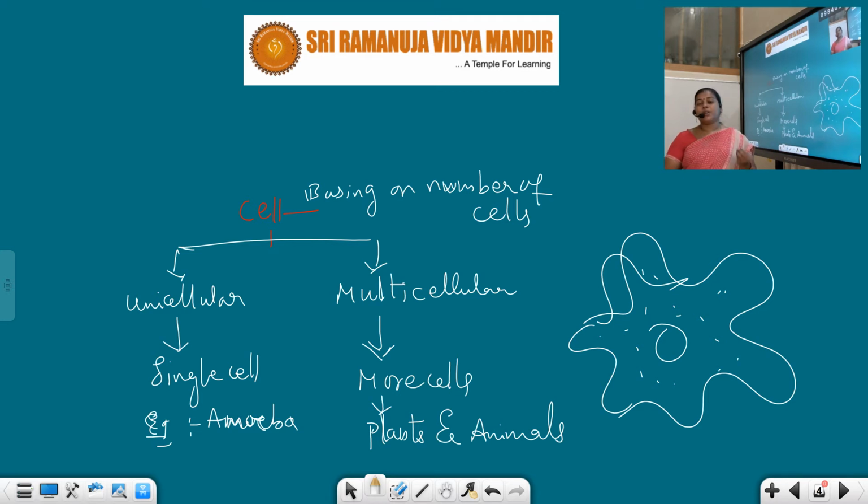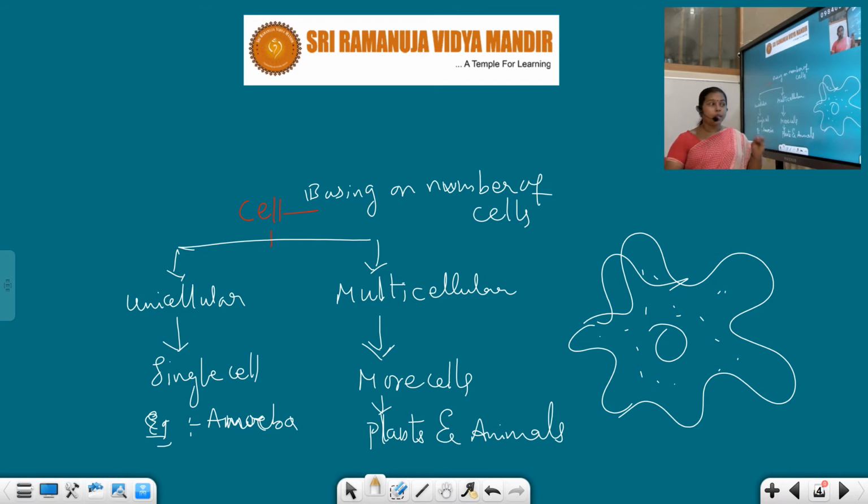This cell has to clear all the things. That is the reason we call this a unicellular organism. There is no other cell to share the functions and the other life processes of the body. Only a single cell is there in the amoeba's body, and that has to take care of everything.